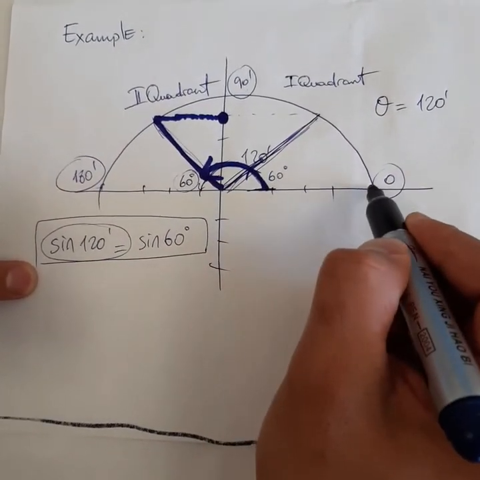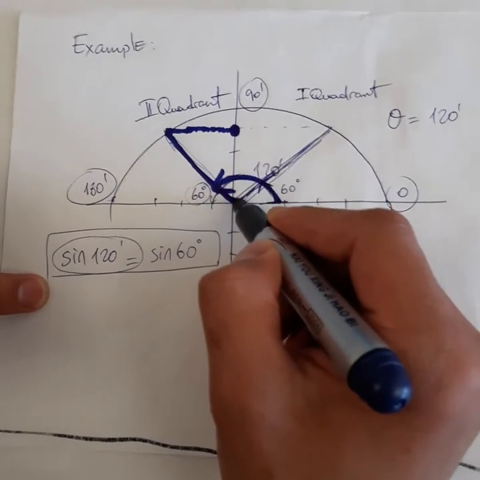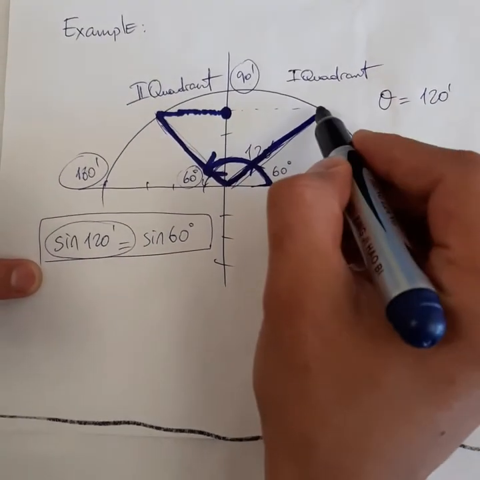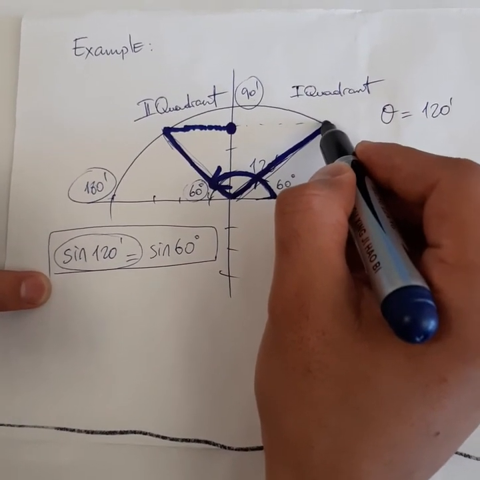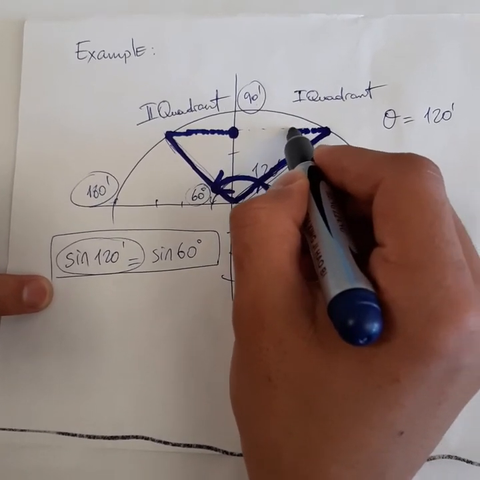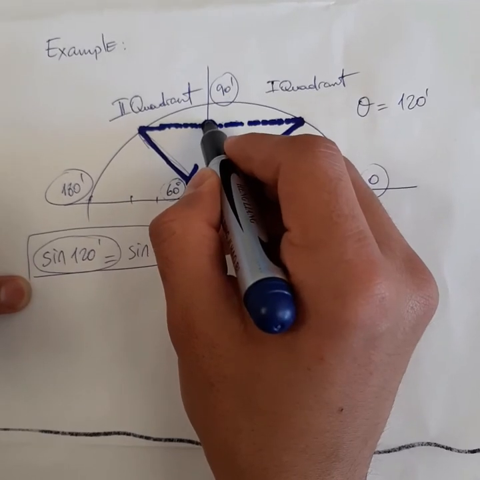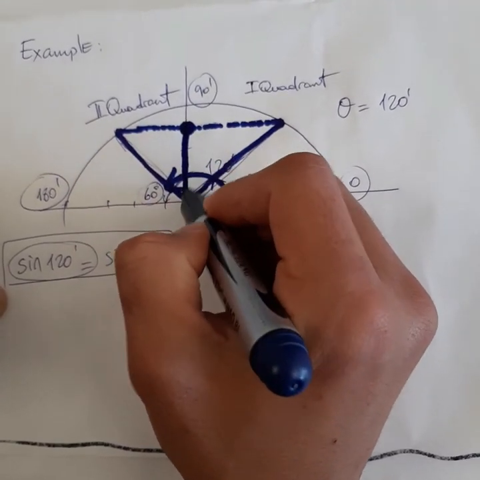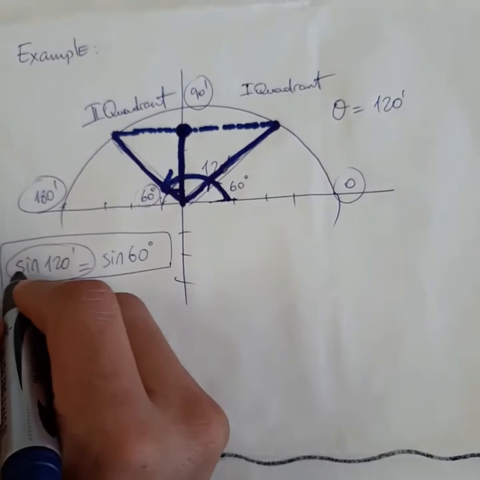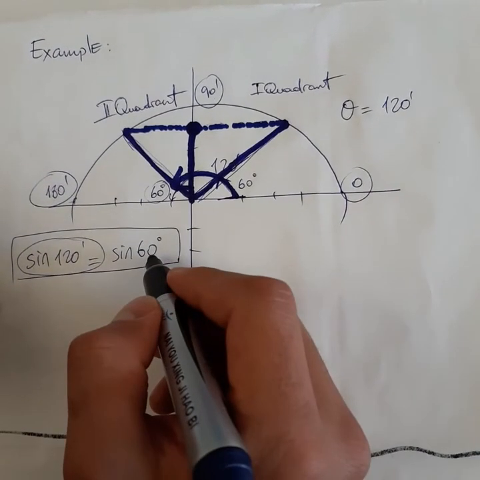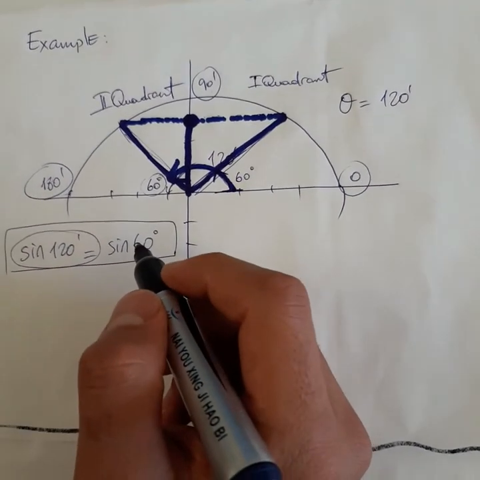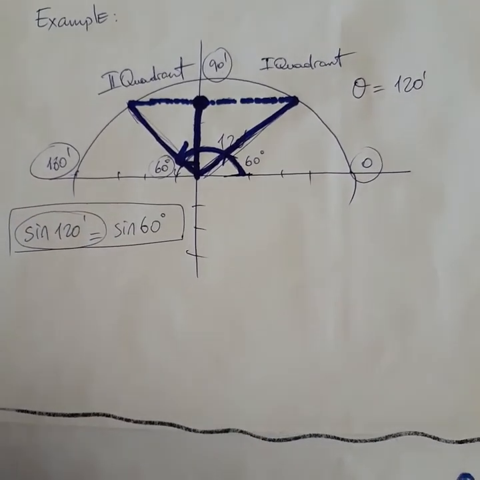If you go to 60 degrees and project this angle onto the sine axis, it will be here. So these values are equal. We are going to show it in that way.